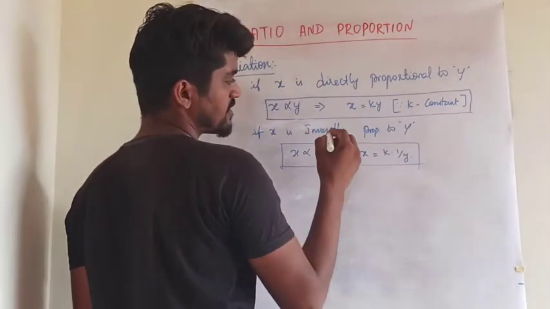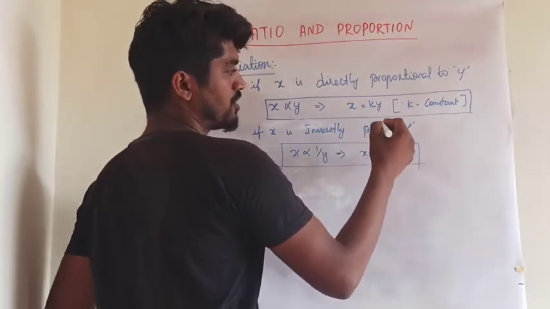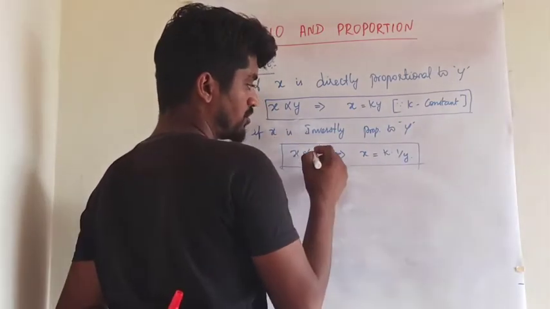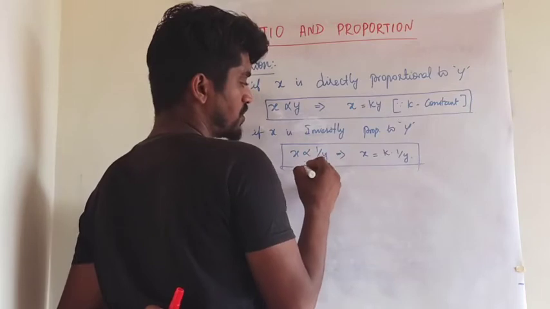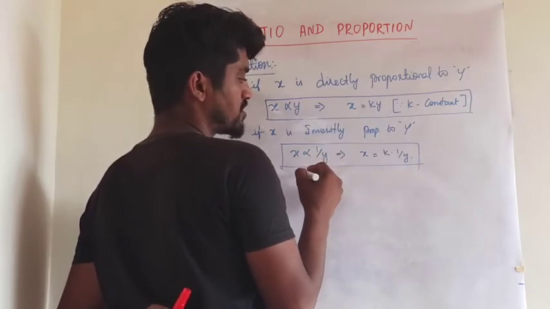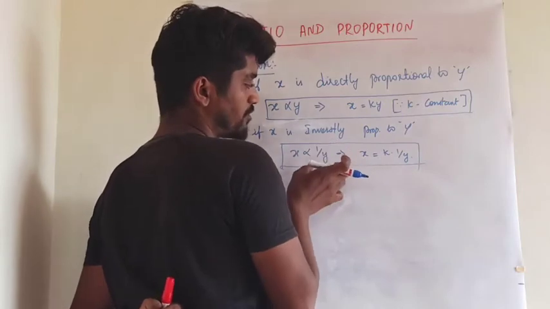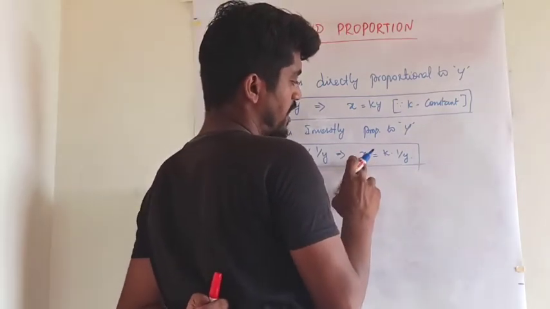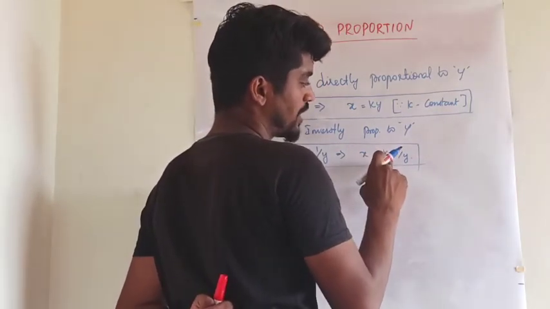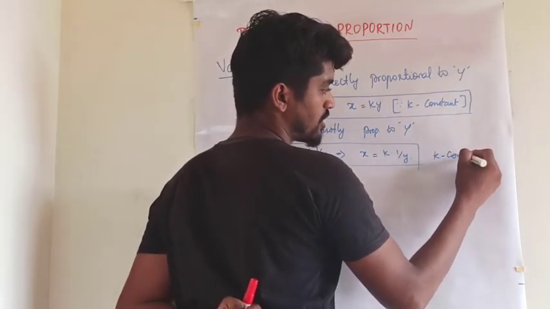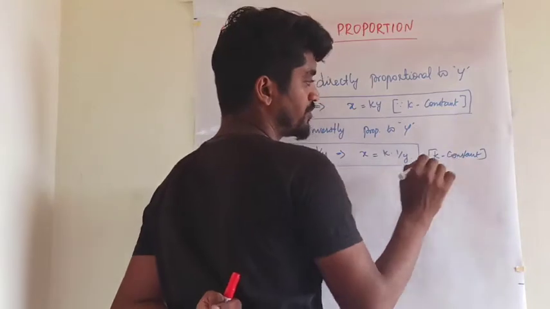Also, if X is inversely proportional to Y, we write X directly proportional to 1 by Y, which is the inverse of the Y value. So X is inversely proportional to Y, we write X is equal to K into 1 by Y. Here K is also some constant value.